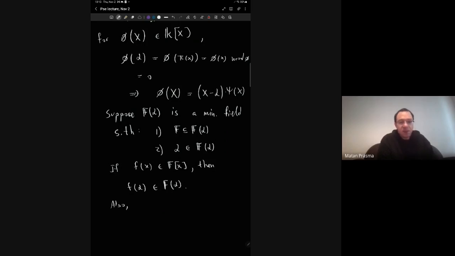What I can also expect, if I have a field containing F and containing alpha, is that alpha has to have an inverse in this field.